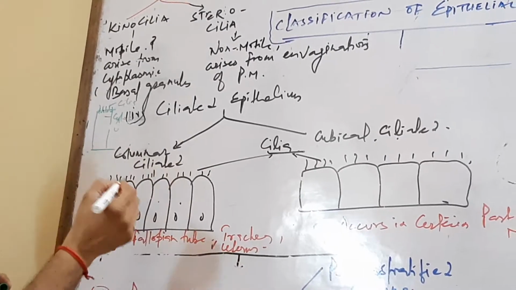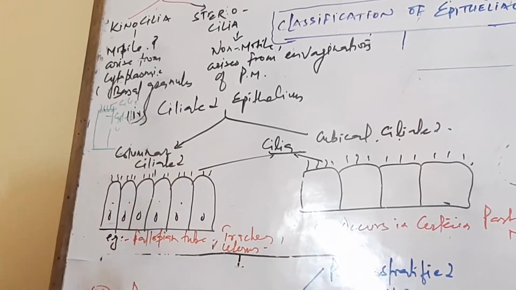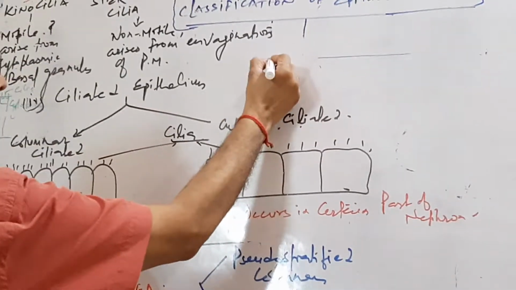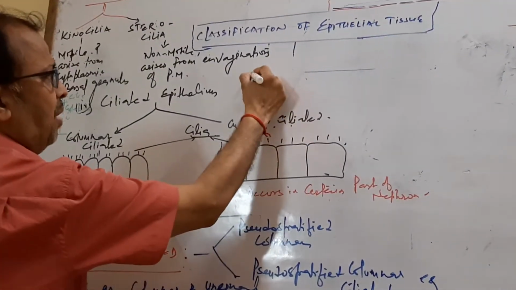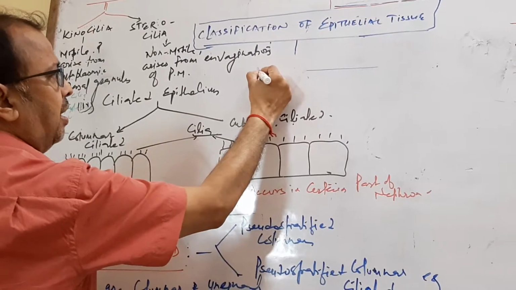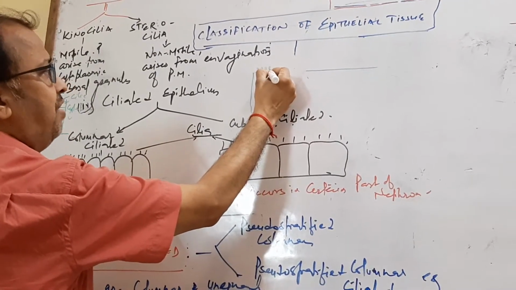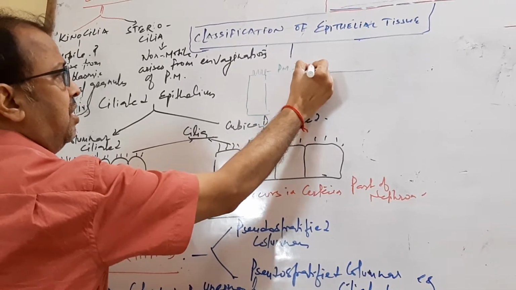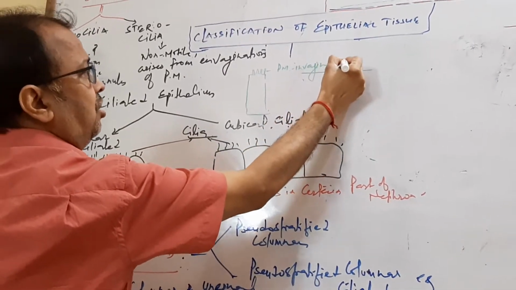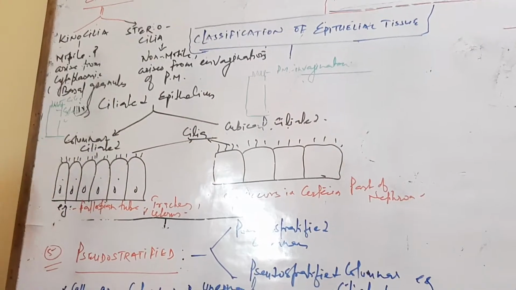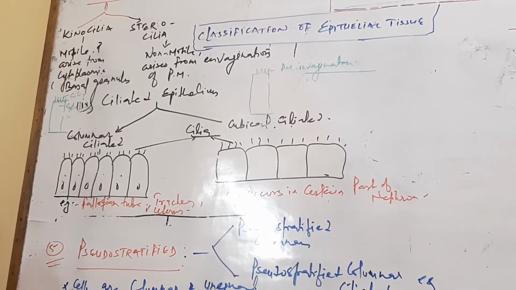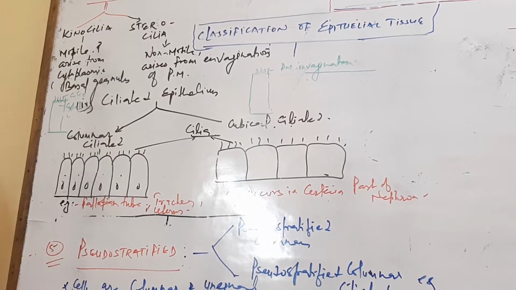Another cilia is stereocilia. This cilia arises from the invagination of the plasma membrane. Suppose this is a columnar cell and the plasma membrane gets invaginated. Plasma membrane invagination means the expulsion and elongation of the plasma membrane to form a finger-like structure that becomes cilia.